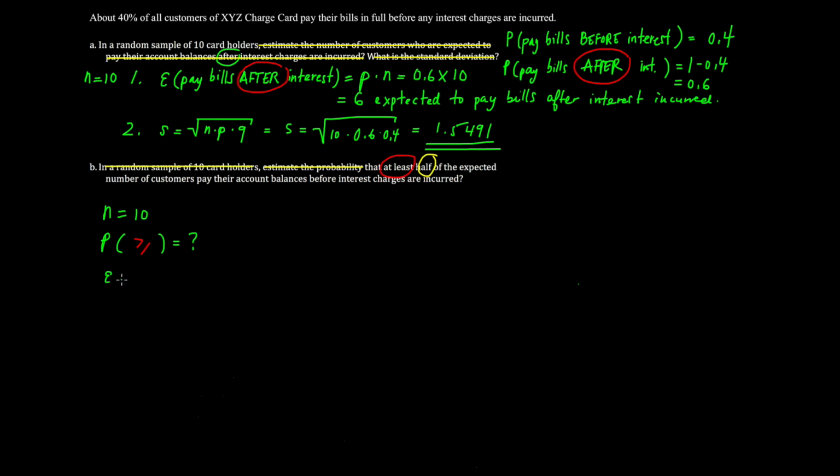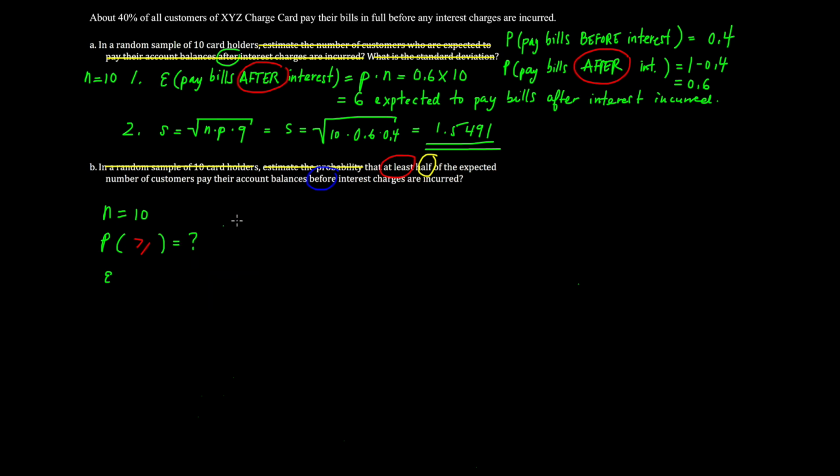So our expected number of customers that pay their account balances, oh, wait a minute, before interest charges are incurred. So another little thing here. Do we have this number? No, we don't. What did we calculate in part A? In part A, we calculated the expected number of customers that are expected to pay their bills after interest charges are incurred. So let's just go ahead and find that first, okay?